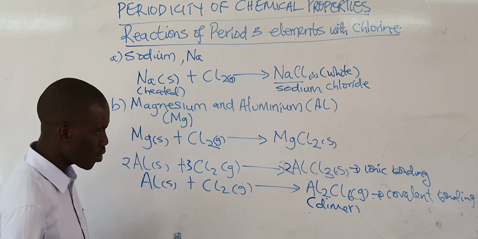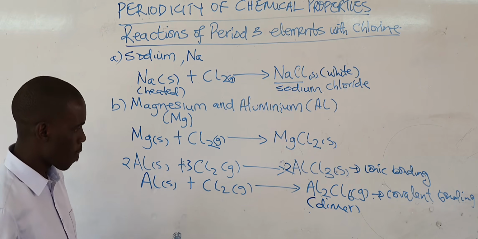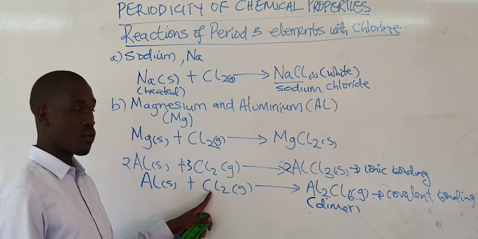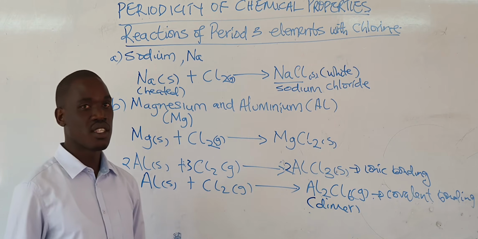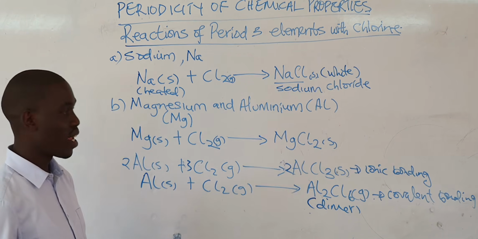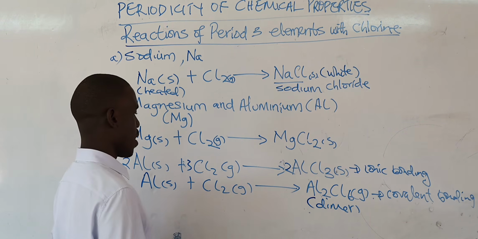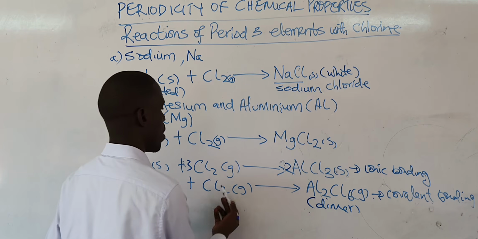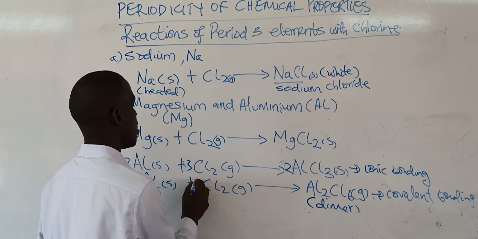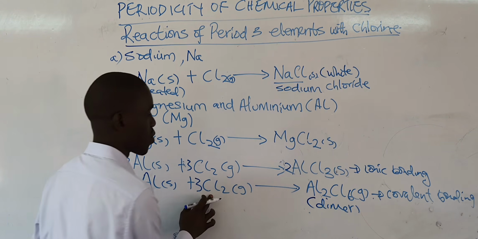We can also do the balancing here. Aluminium here is 1, there it is 2, and atoms of chlorine here are 2, and on the other side there are 6. We are going to do trial and error to balance our equation. Since we have 6 here and 2 here, we multiply this one by 3 so that both are 6.